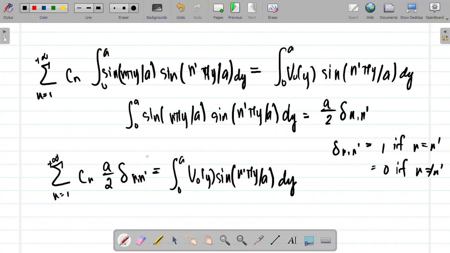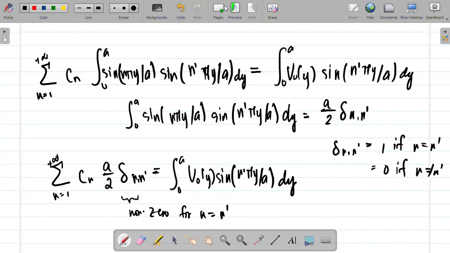So, this is non-zero for n equals n prime, di ba? The rest ng infinite sum natin is 0 if n is not equal to n prime. Therefore, yung n equals n prime na term, yun lang yung magsusurvive.